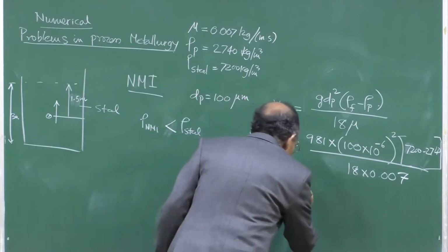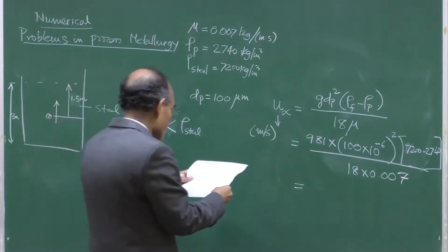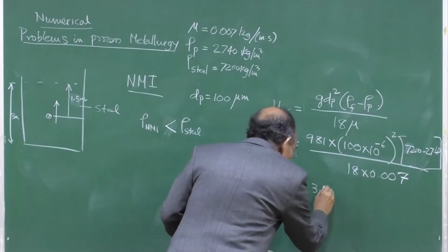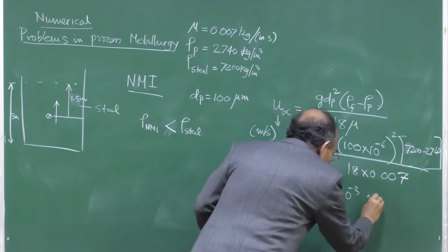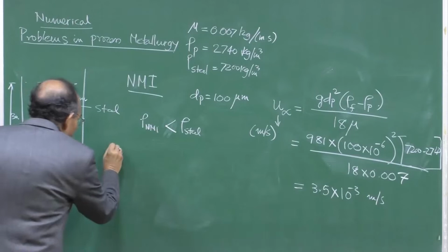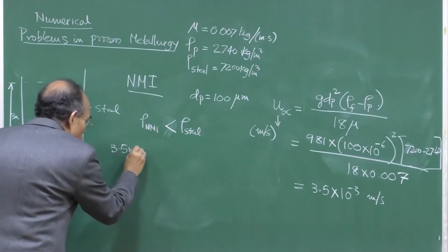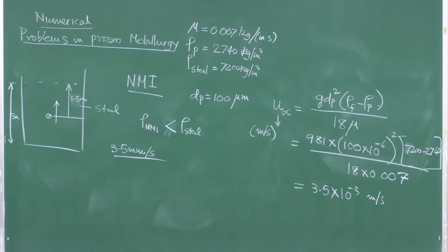If you put this value here and do the calculations, it is going to come out to be 3.5 into 10 to the power minus 3 meters per second, which means 3.5 millimeters per second, and this is a constant velocity, as we know by the definition.